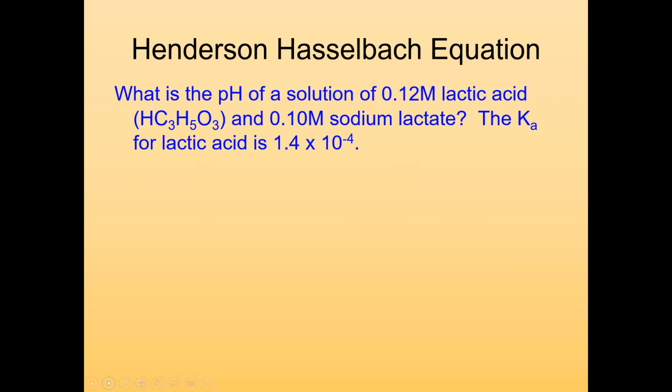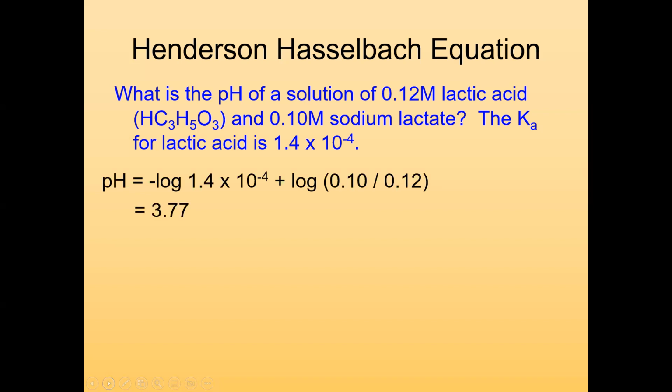Remember, pH is equal to pKa, so negative log of Ka, plus the log of the base, which would be the lactate ion, over the acid, the lactic acid. And like I said, you're going to put this in the calculator, but make sure that you close parentheses after you open a log. And we're going to end up with a pH of 3.77.